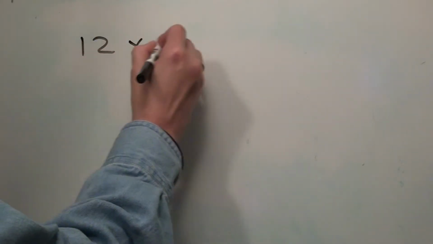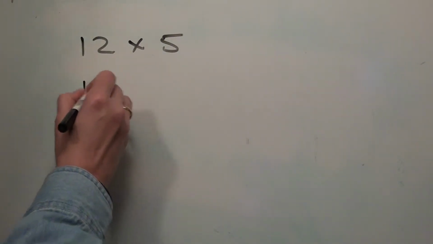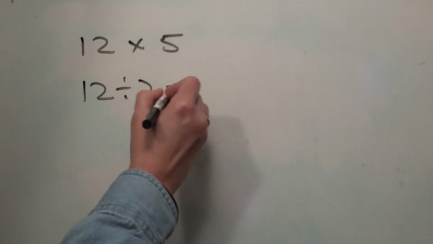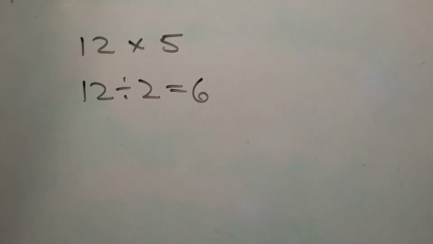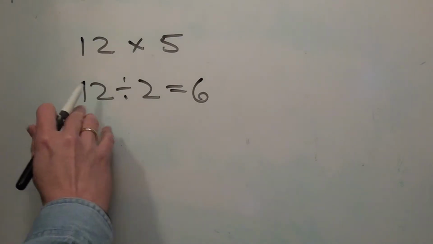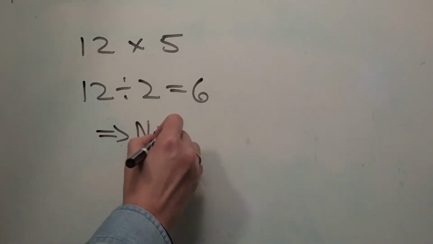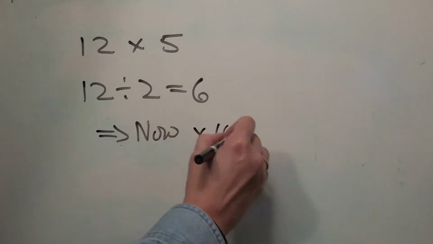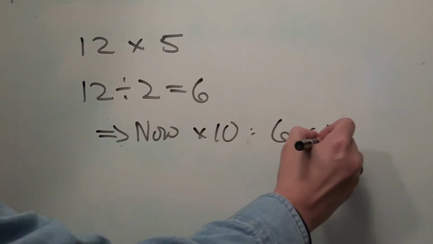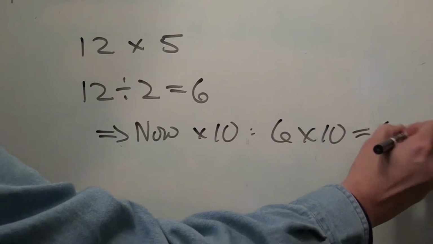12 times 5. Now we already know that this is 60, but let's use our trick. Half of 12 is 6. 12 divided by 2 is 6. So now we've divided by 2 and then we want to multiply by 10. 6 times 10 equals 60.